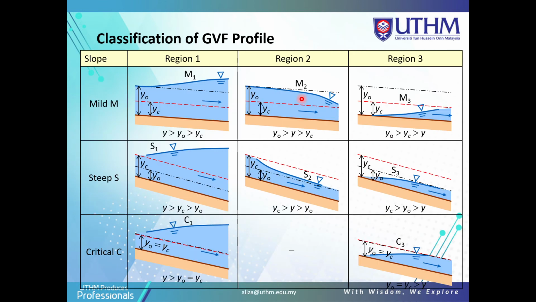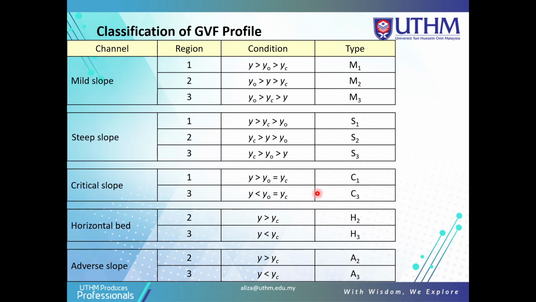Okay, so this is the classification of GVF profile. So this is the region 1 and the region 2 here and region 3 here. Okay, actually mild, steep, and critical. So actually region 1, region 2, we have summarized here in this classification.